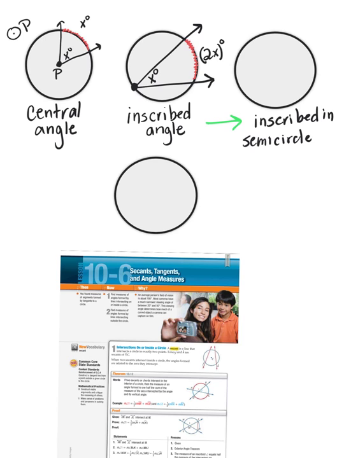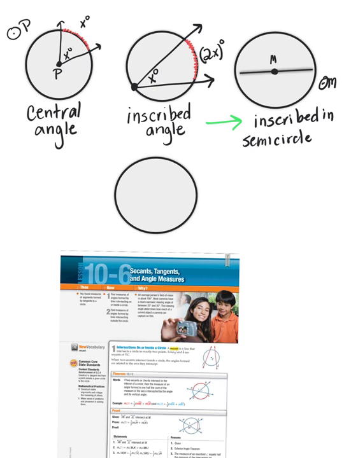Okay, let's put our center right there. So we have here a circle, let's just call this circle M. By naming it circle M, I have no doubt whatsoever that M is the center.